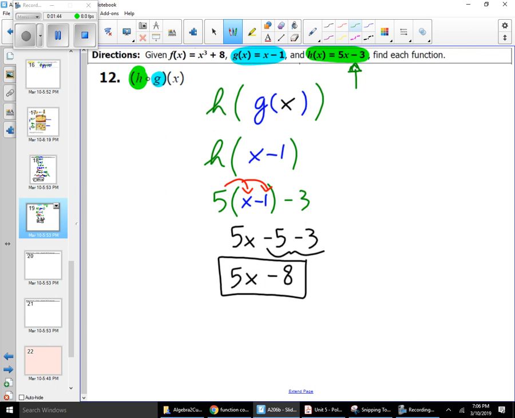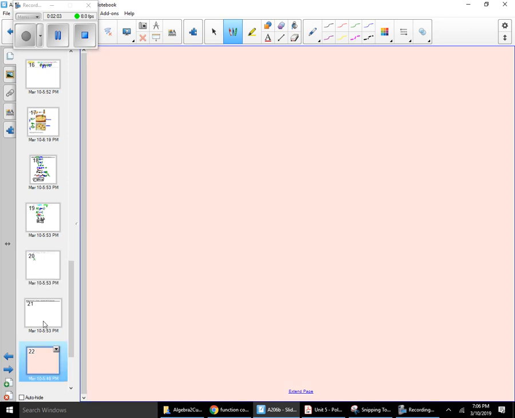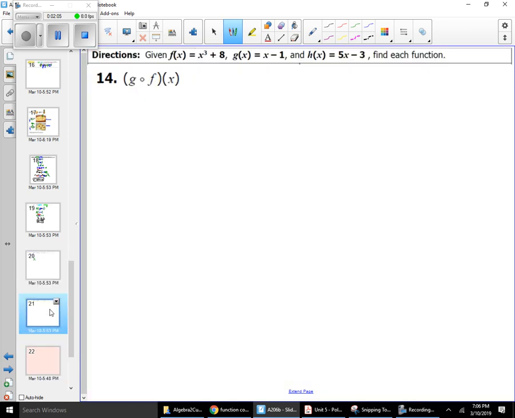Same process as that first example in terms of what we're doing with our functions, taking a function and substituting it into another function, but far less complicated. You take a look at 13, put a big X through it. And if you take a look at 14, we are now going to find g of f of x.